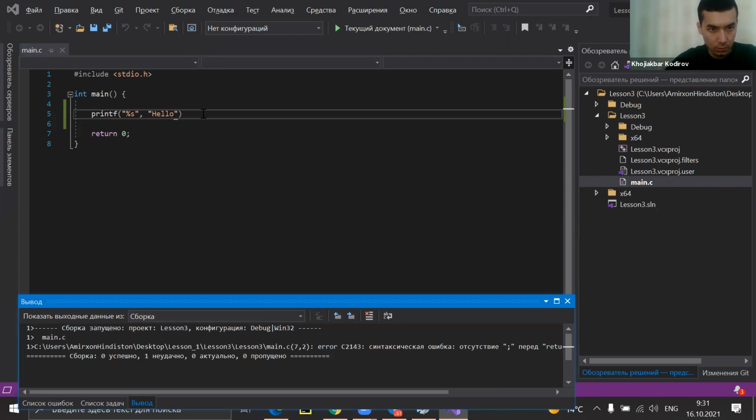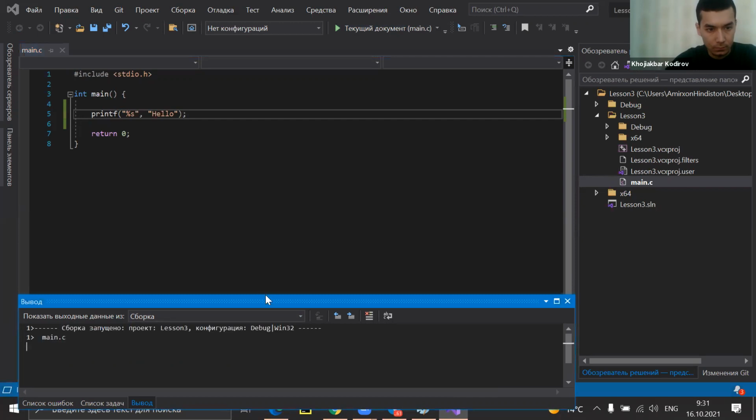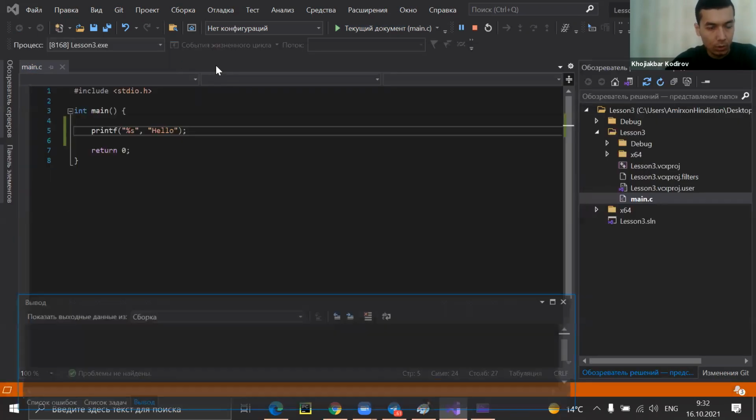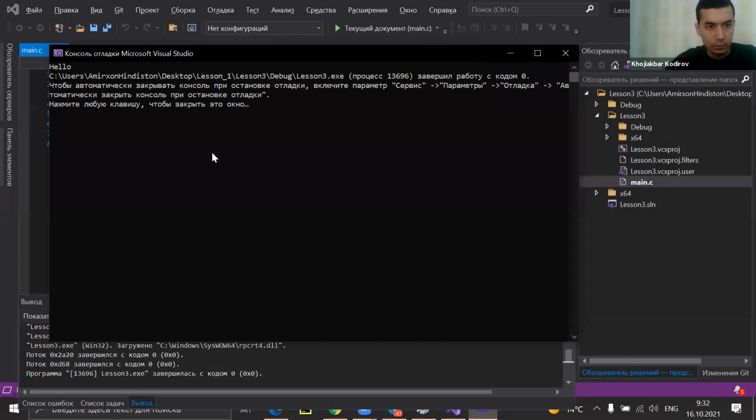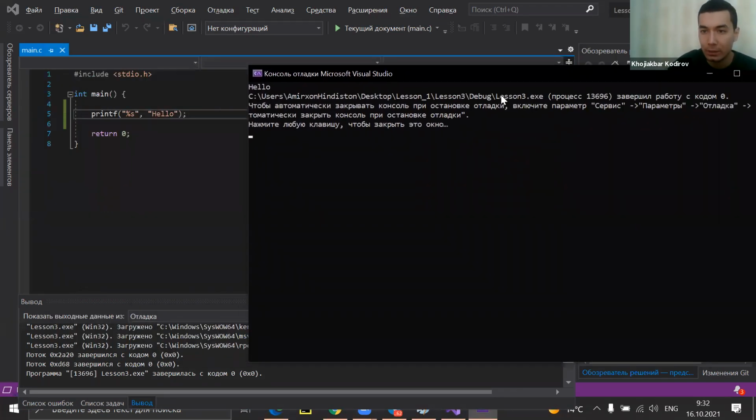This again, same columns. So it's not a character. Видите, она не является только одним символом, так как она является текстом, почти словом. Я не могу его вывести с помощью формата percentage C. Так как оно уже слово, которое состоит из нескольких характеров, я должен вывести его с помощью S. Поняли?